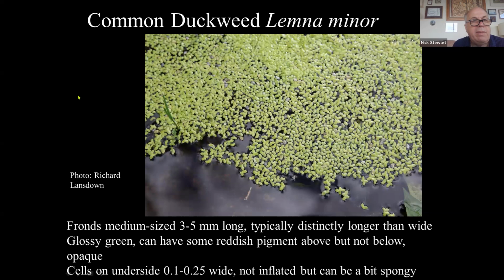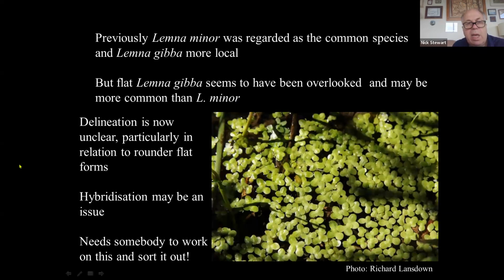Now, I've dwelt on this a bit because it is a problem area. Previously most of these medium-sized duckweeds were Lemna minor, and that's the common species, and Lemna gibba was a more local plant, often associated with slightly richer conditions.